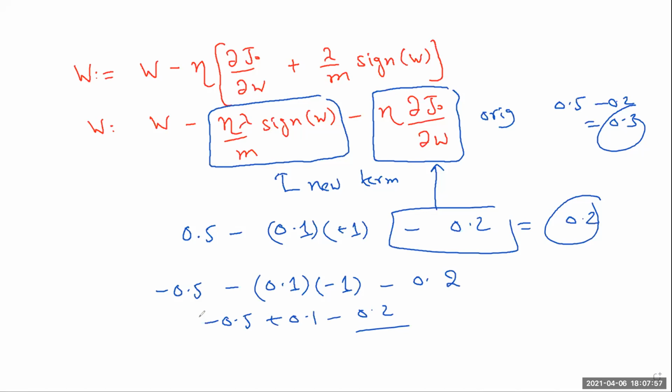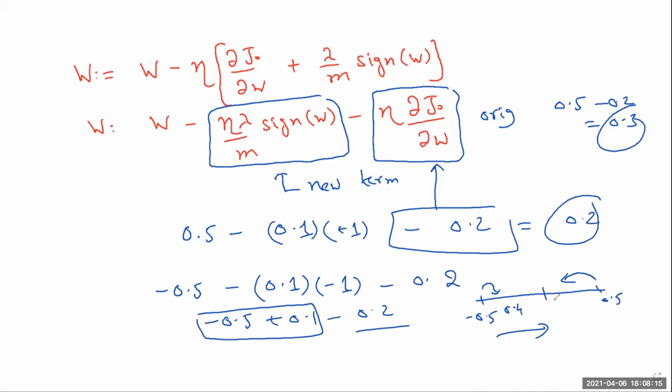If you see the number line, minus 0.5 is here, and when you add 0.1, you go to minus 0.4. So in any case, you are going close to zero. Similarly, when 0.5 is here and you are going in this direction, you are also going close to zero. So irrespective of whether the value of W is positive or negative, this term is pushing you towards zero.